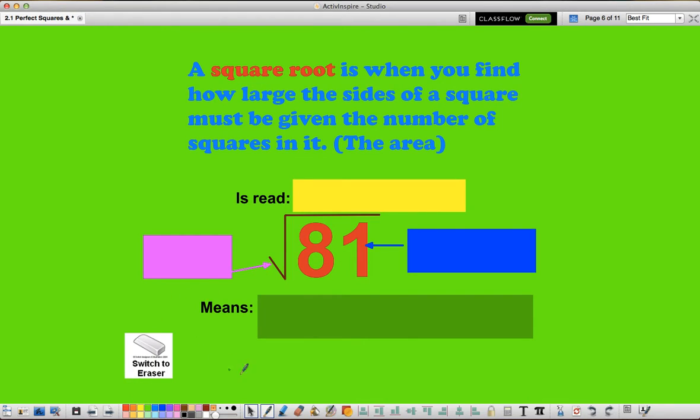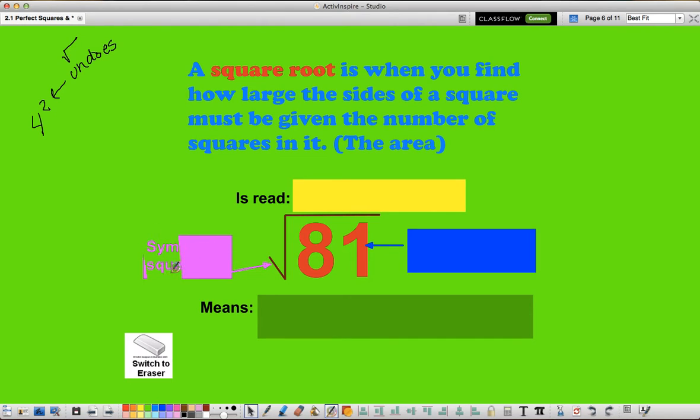So when we're trying to find the square root of a number, you use the radical sign. The square root is what undoes squaring. We know that squaring is when you're to the second power. So to undo it, the square root undoes the exponent of 2, the second power, or the squared.